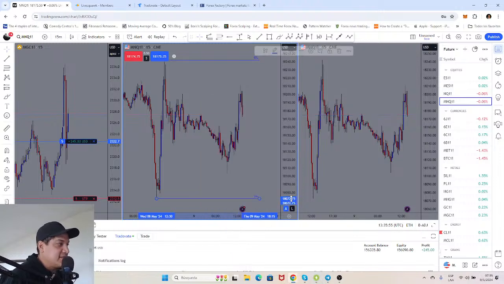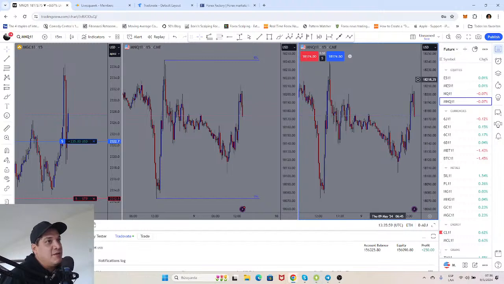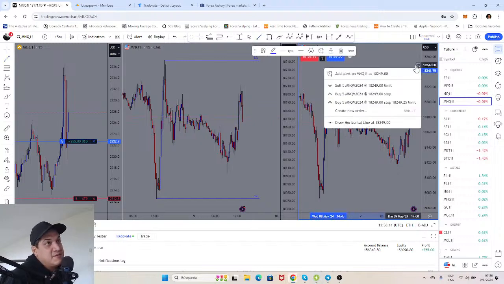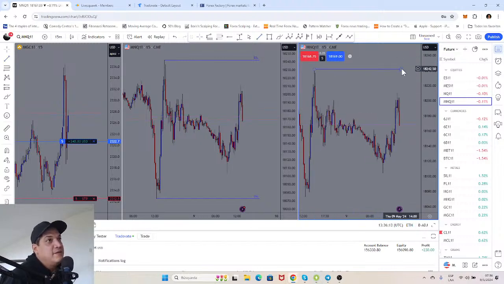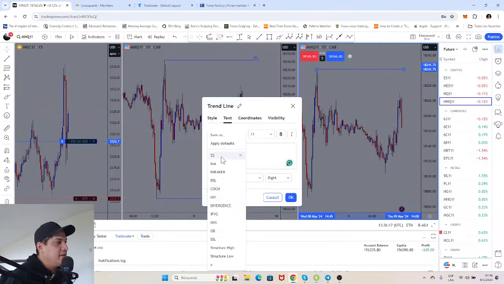The fear is, if I close right now, I might miss the rest of the move. Then they hold their trades, and because they don't follow the plan, the trade goes back against them, and they end up either at break even or losing.